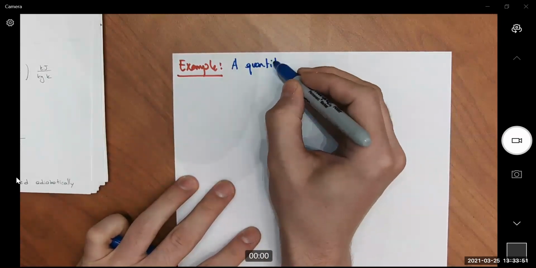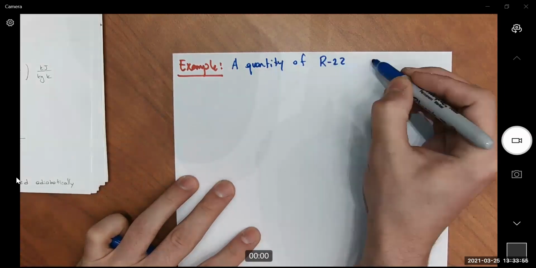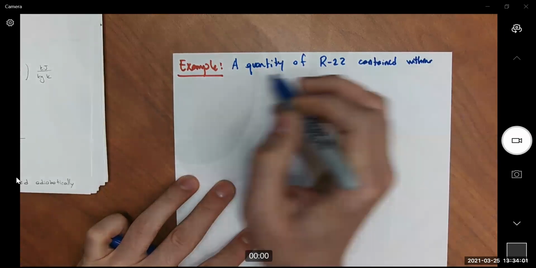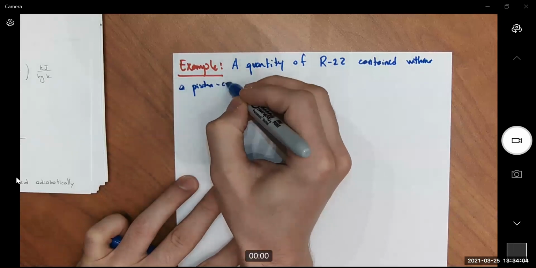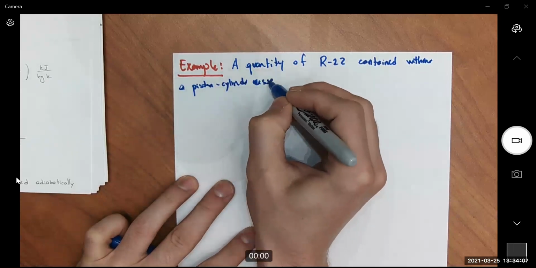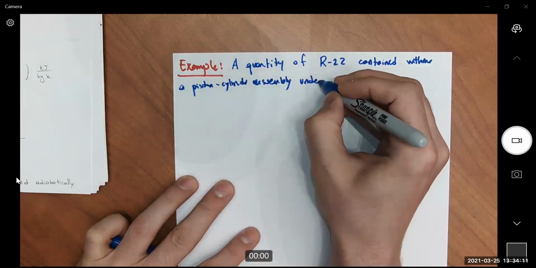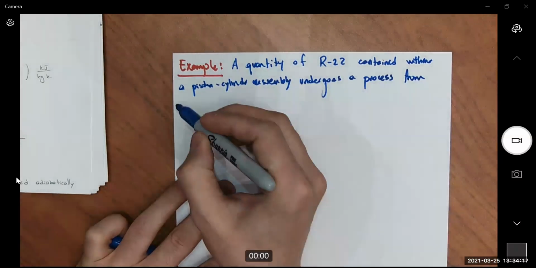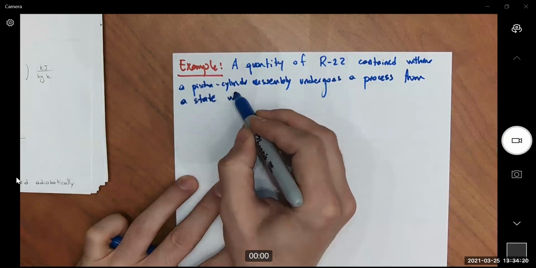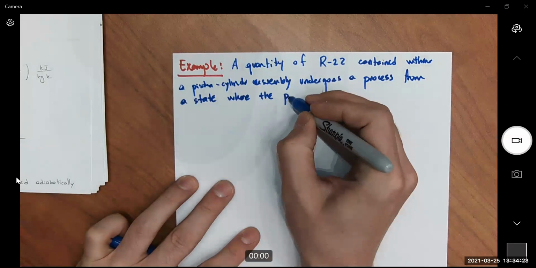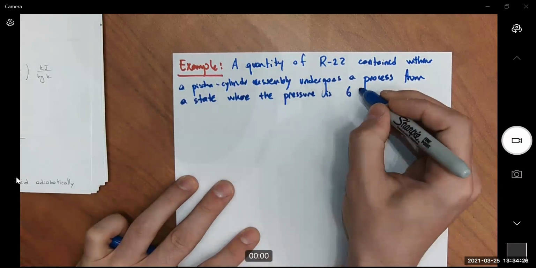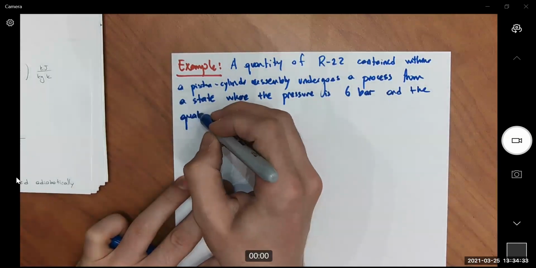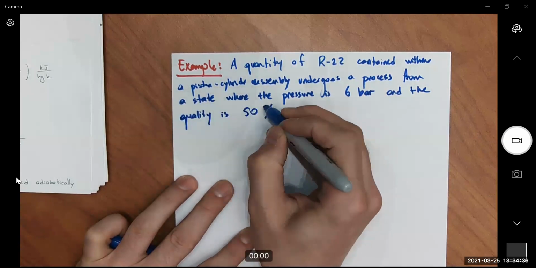The quantity of refrigerant 22 contained within a piston-cylinder assembly undergoes a process from a state where the pressure is 6 bar and the quality is 50%.